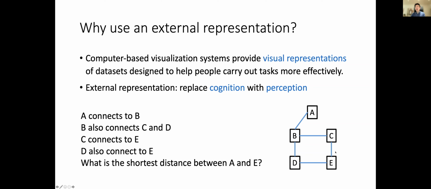You can go this way or the other way. I would argue that if we present the data this way, it's much faster to find answers compared to the other way, because we are much better at processing information visually than trying to imagine it in our own mind.